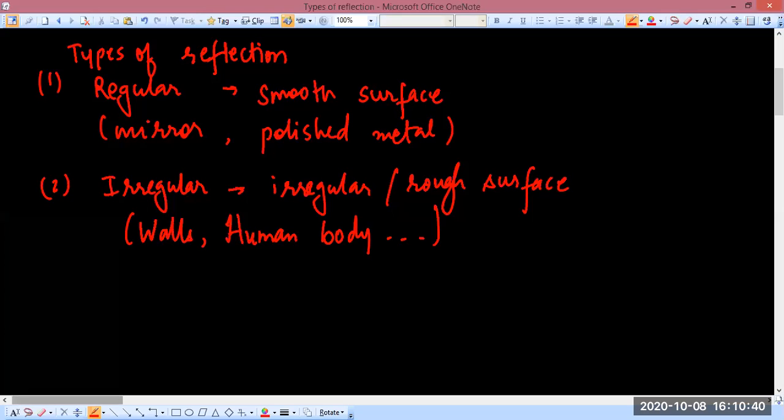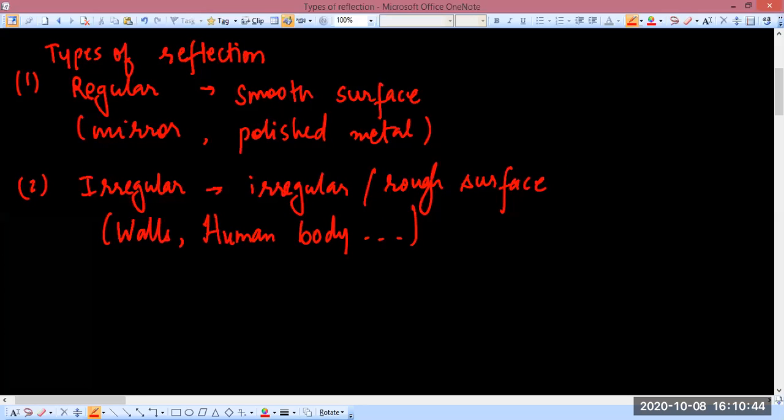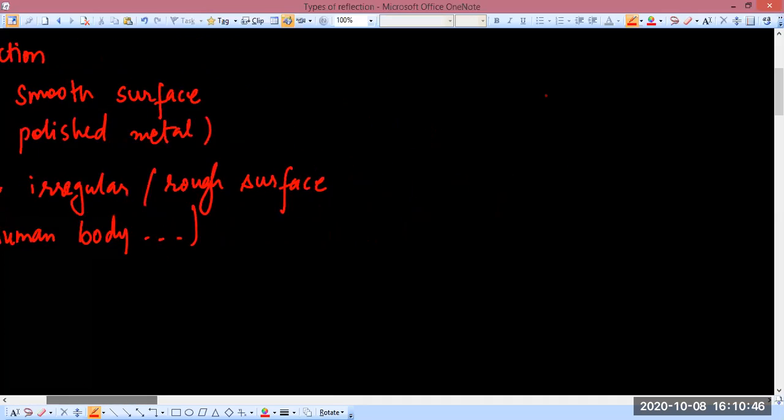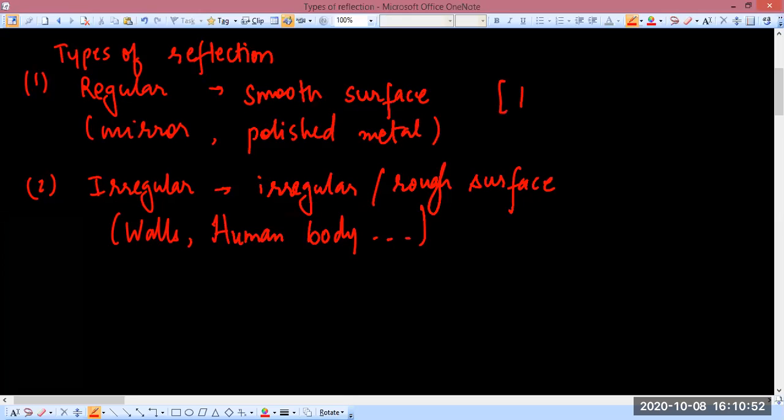What regular reflection does is form a single image, or a sharp image.